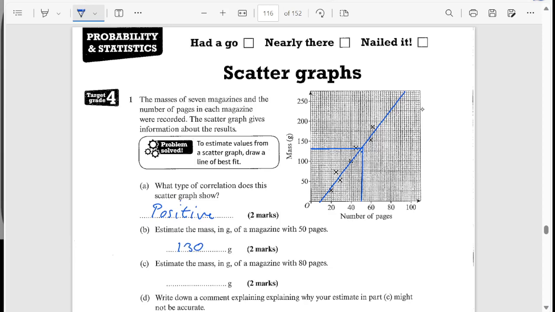Estimate the mass in grams of a magazine with 80 pages. Okay, so at this point we would go at 80 up to our line, and from our line we would go across.